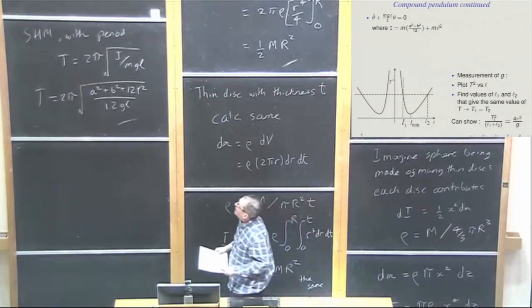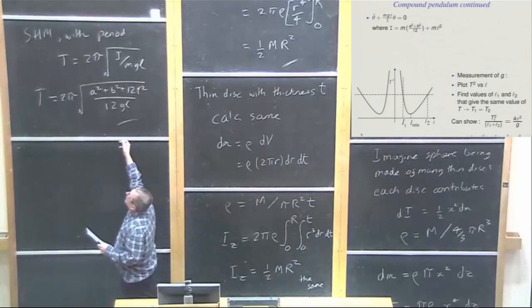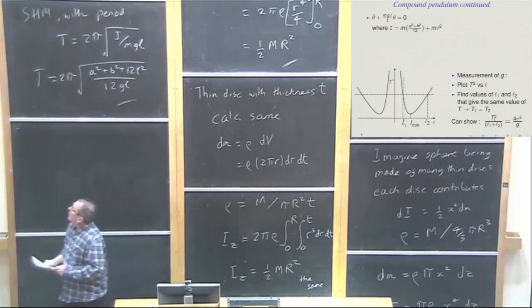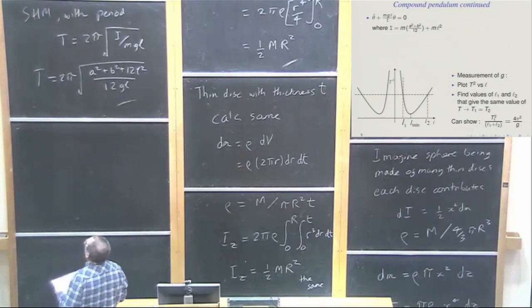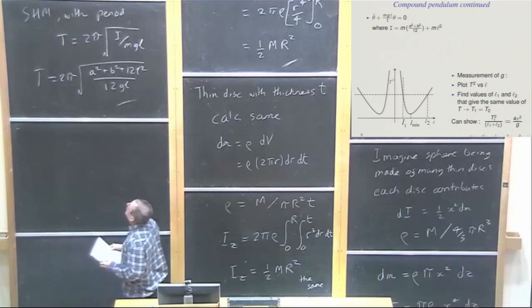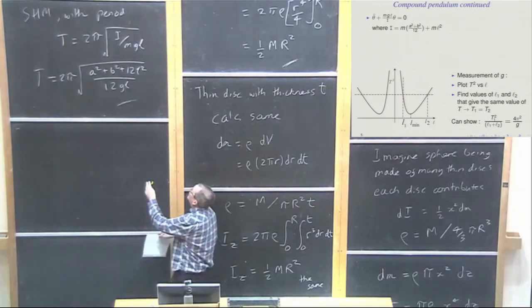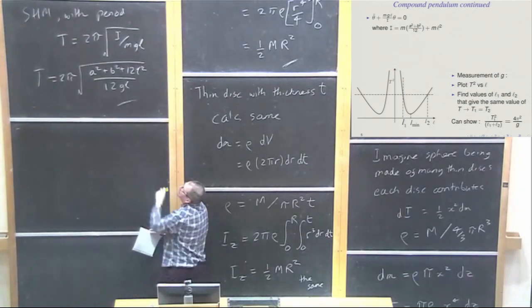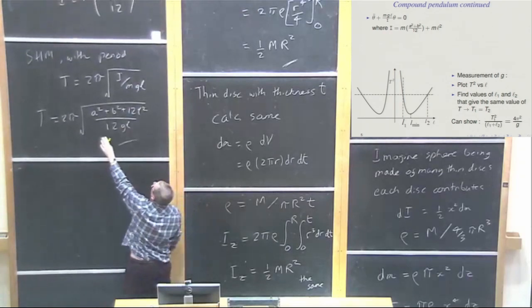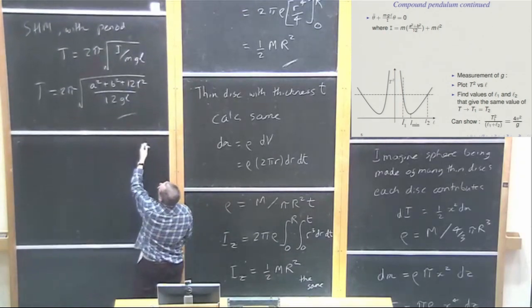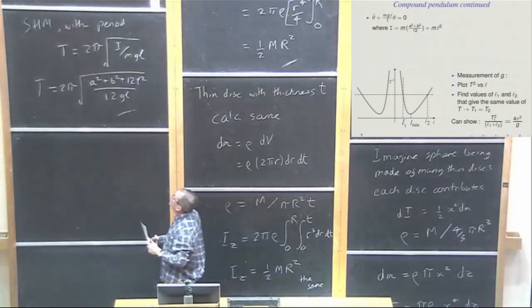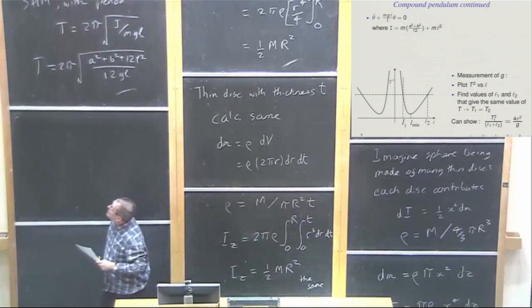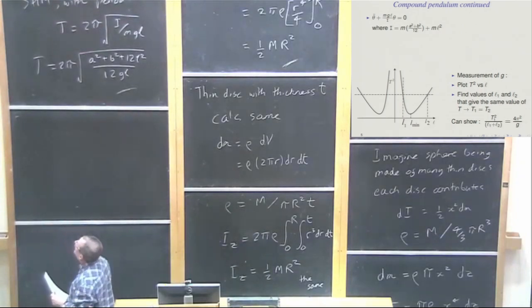One interesting observation is that, in general, you might say, well, with this pendulum, could we measure the value of little g? And of course, in principle, you can, if you know a and if you know b and if you know L. So that is like any other pendulum. In principle, you can extract the value of the gravitational constant at the surface of the Earth.